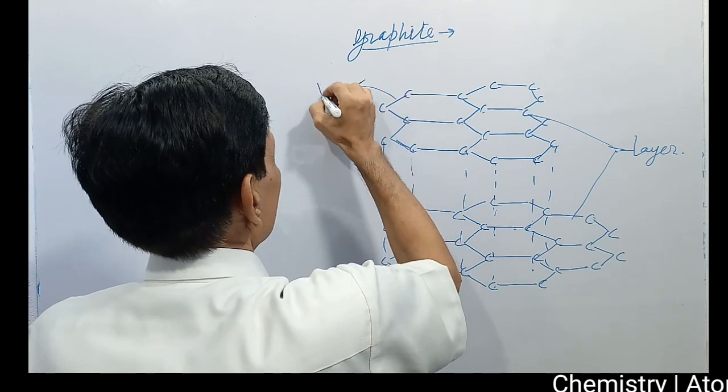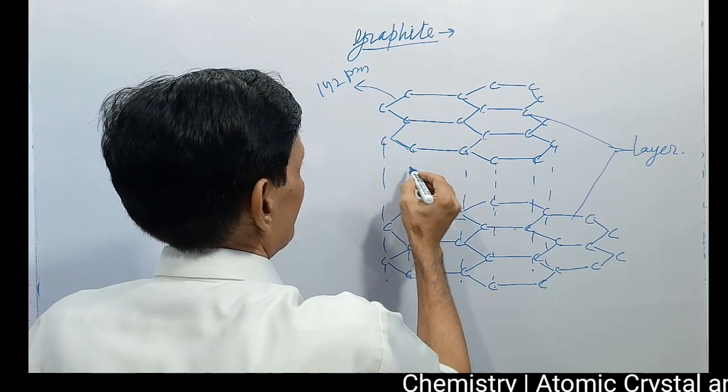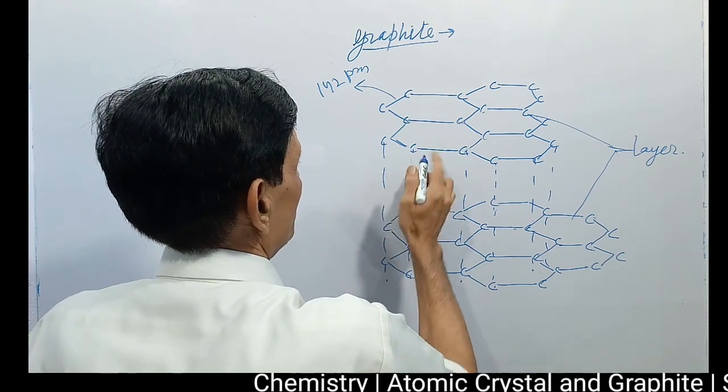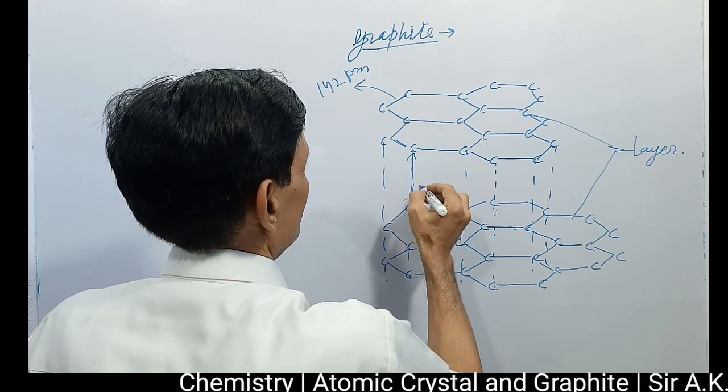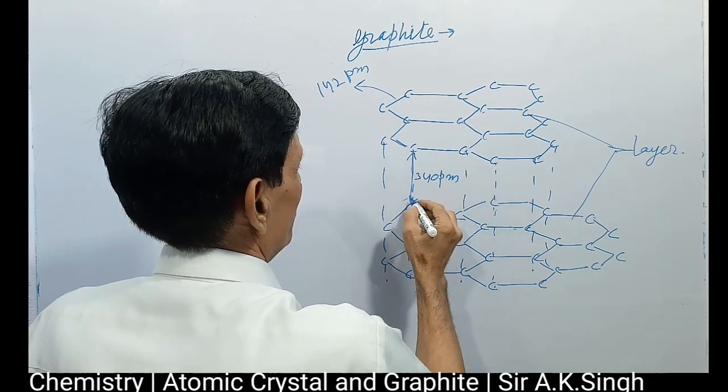This bond distance is 142 picometer, and this space between the layers is around 340 picometer, a long distance.